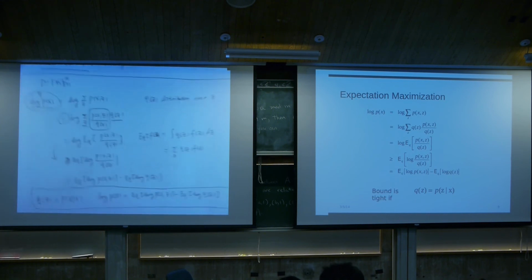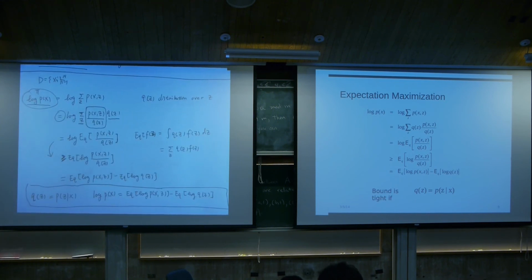And we also notice that because Q there is arbitrary, you can choose whatever distribution you like. But if you choose Q(z) as p(z given x), this lower bound will equal the original log likelihood. So you can operate on this lower bound, which will give you exactly the same solution as you would with the original log likelihood.